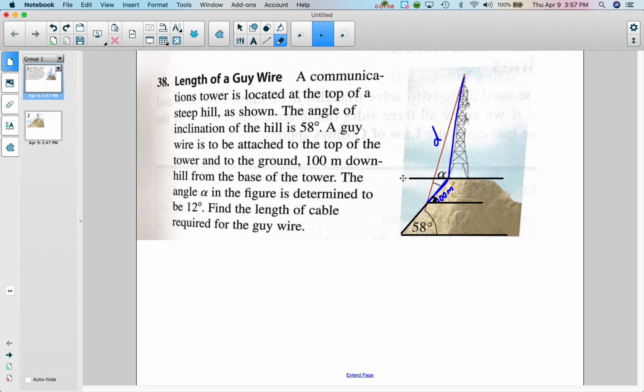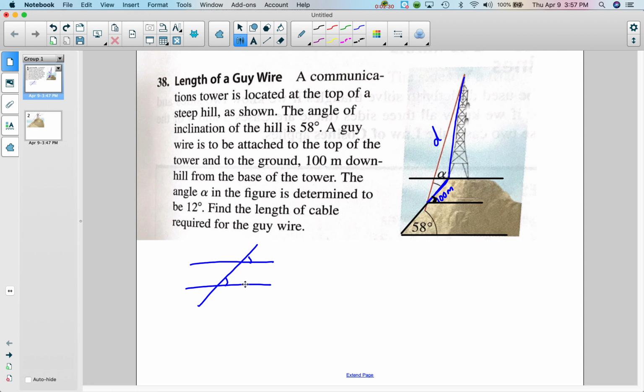Okay, so going on with that, you'll see I added in another parallel line. I have these from my hillside, I also had this parallel line, but I also added one more. And the reason for that is remember that when you have parallel lines cut by a transversal, then we're already making use of the fact that the corresponding angles are congruent.